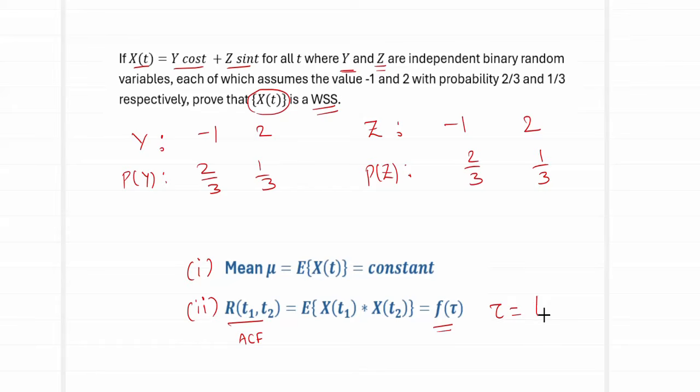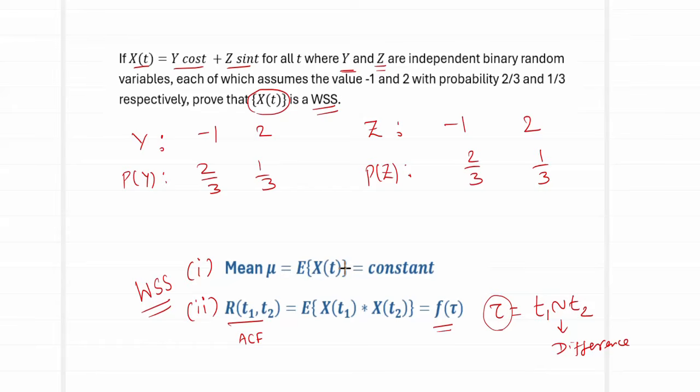Tau is nothing but the time difference between the two members, that is t1 minus t2. It is always the bigger number minus the smaller number, and we denote this subtraction by tau. The final answer must be a function of tau. So if these two conditions are satisfied, then I can claim that the process is going to be a WSS process.